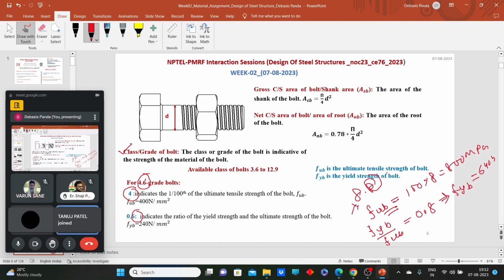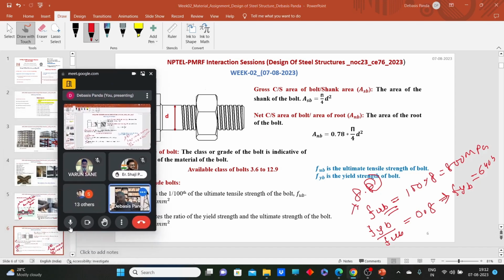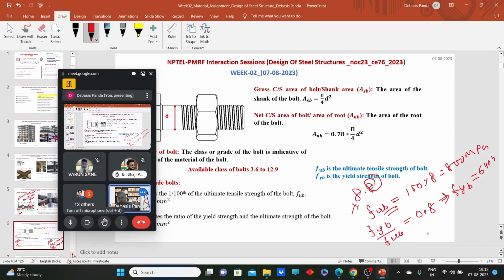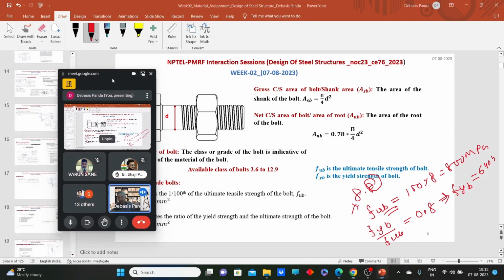So in this way, we can come to know, if we have one bolt, what will be the nominal diameter, what will be the strength of this bolt, what will be the yield strength more specifically, and what will be the ultimate strength. Then we discussed during the last session how we can categorize these bolts.